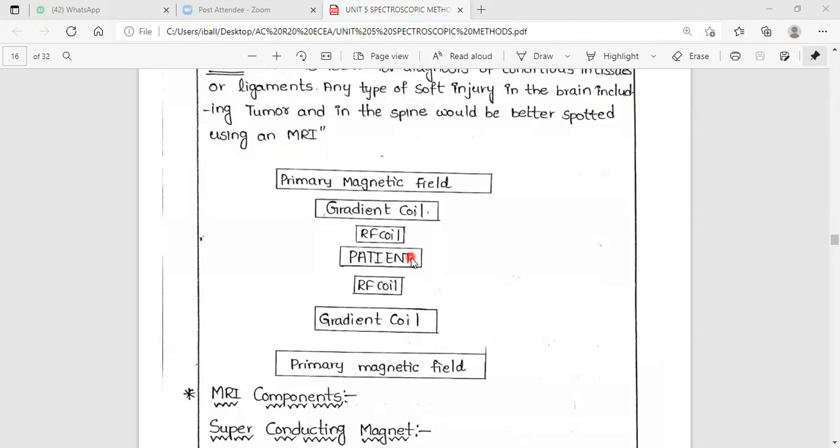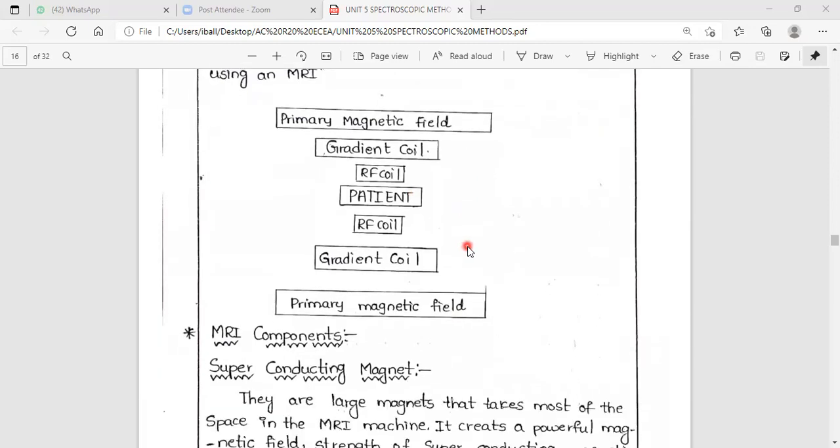That is known as fever. The increasing temperature of the abnormal part present in the human body is calculated with the help of the magnetic resonance imaging technique.